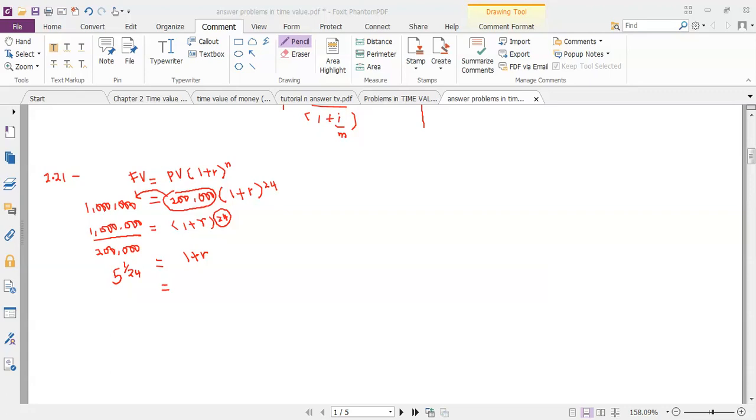Do it like this: 5 to the power of 1 over 24. So it is equal to, the answer is 1.06936. So I put here 5 to the power of 1 over 24 is equal to 1.06936.